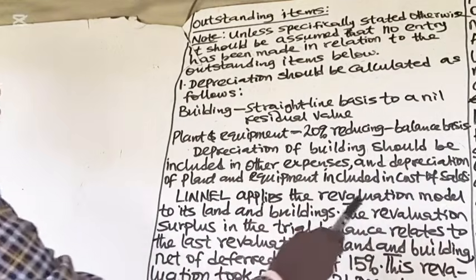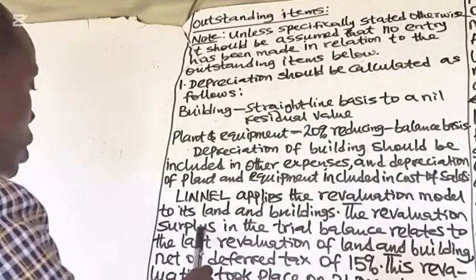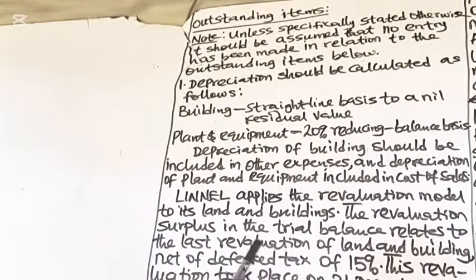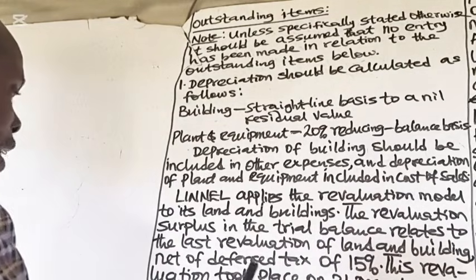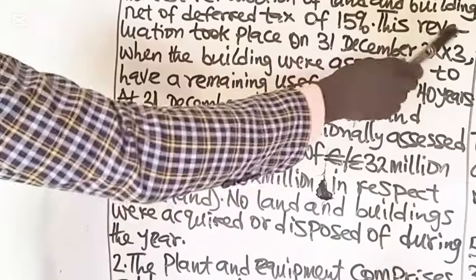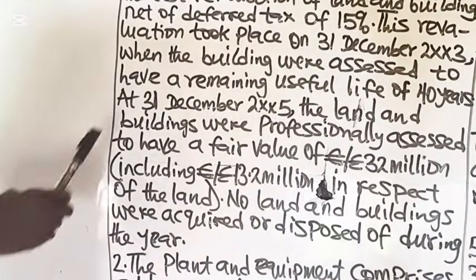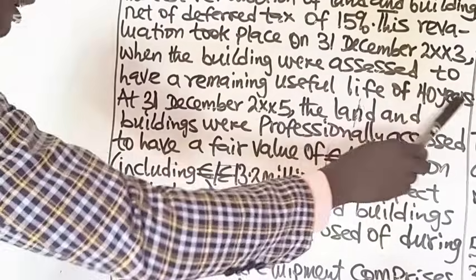Lease applies the revaluation model to its land and buildings. The revaluation surplus in the trial balance relates to the last revaluation of land and buildings, net of deferred tax of 15%. This revaluation took place on 31st December 2003, when the buildings were assessed to have a remaining useful life of 40 years.